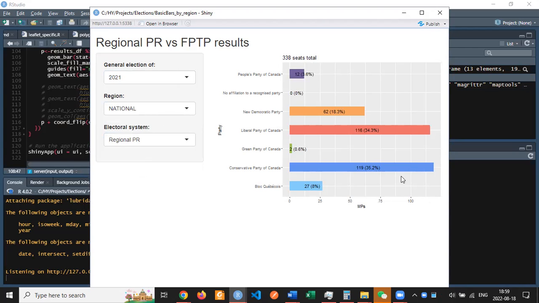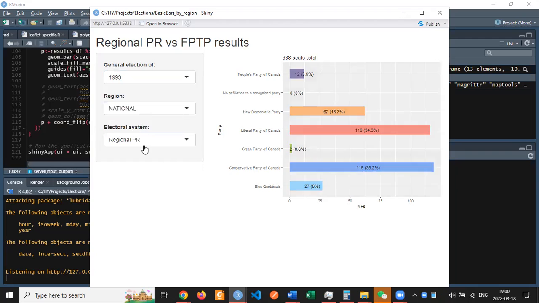And so that bears out here, where the hypothetical totals under regional PR would mean that the Conservatives would theoretically have come out on top, barring any sort of power sharing agreements as is currently in place.